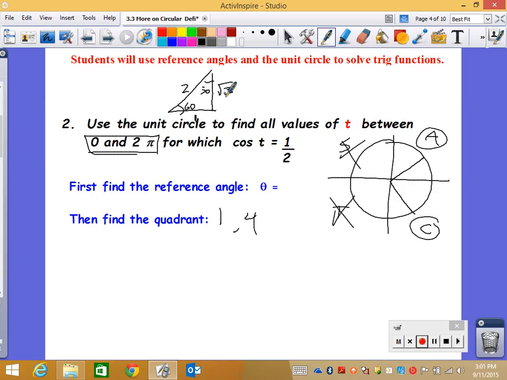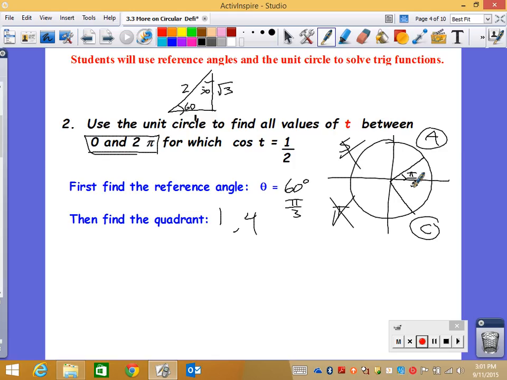So the cosine of whatever angle I'm dealing with, t, has to be 1/2. You notice on our special triangle, the cosine of 60 is 1/2. So I know my reference angle is going to be 60 degrees, or pi over 3 in radians. So my reference angle is pi over 3.